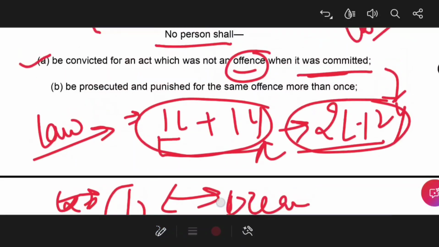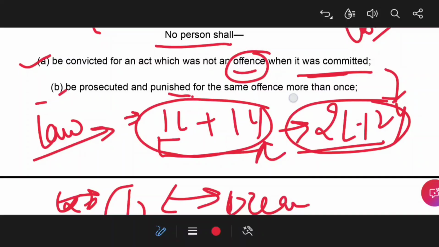Simple meaning. Now, about being prosecuted and punished for the same offense more than once: if you committed a crime then you will get punishment. And suppose you have fulfilled certain conditions and you are now out of jail, then after a few years the police knock at your door and say that you spent 20 years in jail, but as of now the maximum punishment for this is 22 years, so you have to spend 2 years more.